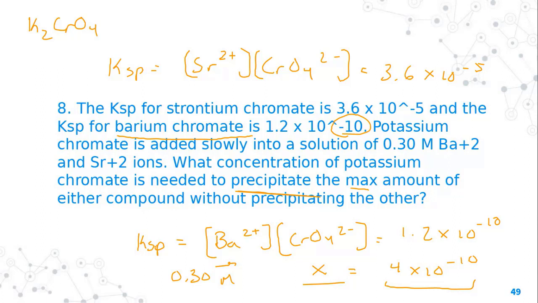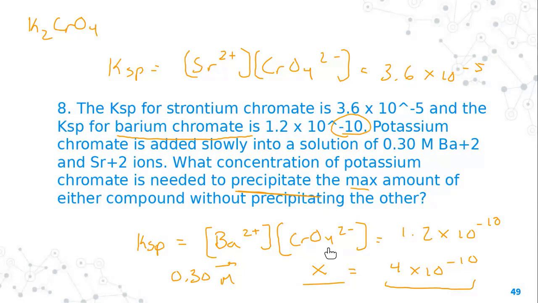But for the 4.4 times 10 to the negative 10, right? So when we set up this equation, we have 0.30 for our concentration of barium. That's what I said is in solution.